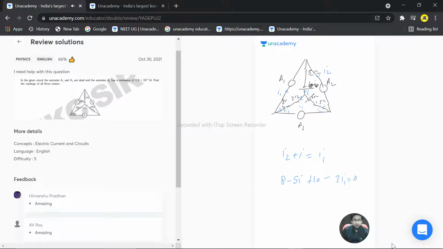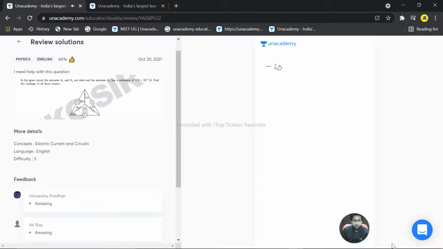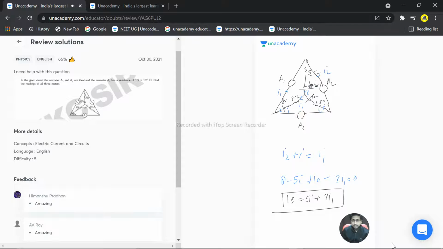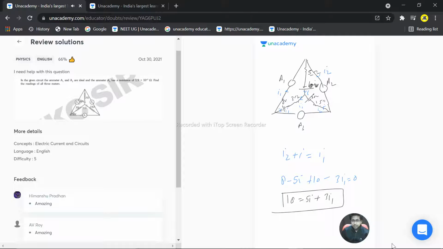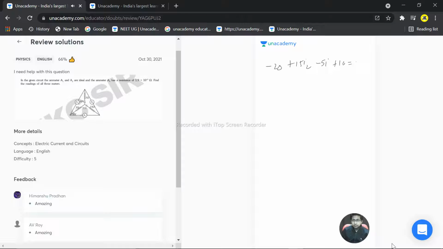So the next step will be 10 plus 8, 18 is equal to 5I plus 3I1. That's one equation we are getting here. And we can write minus 20 plus 15I2 minus 5I plus 10 is equal to 0.